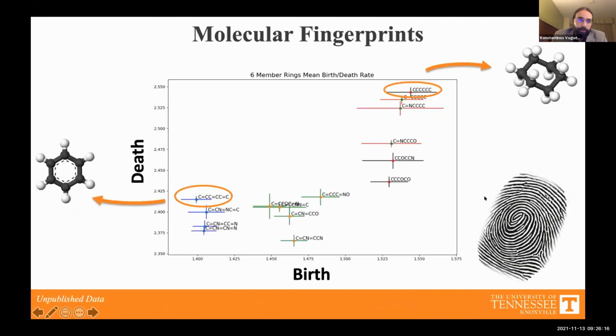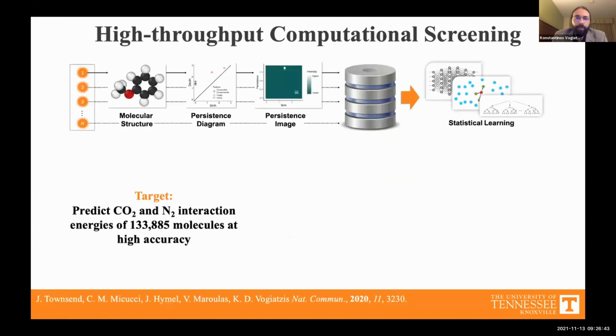So actually, if we do this process for a large database, we have clustered where these points appear, and we can differentiate between planar phenyl groups versus non-planar, like cyclohexane groups, which appear constantly in different positions on these diagrams. Birth and death correspond to the generation and the disappearance of the topological features of a molecule.